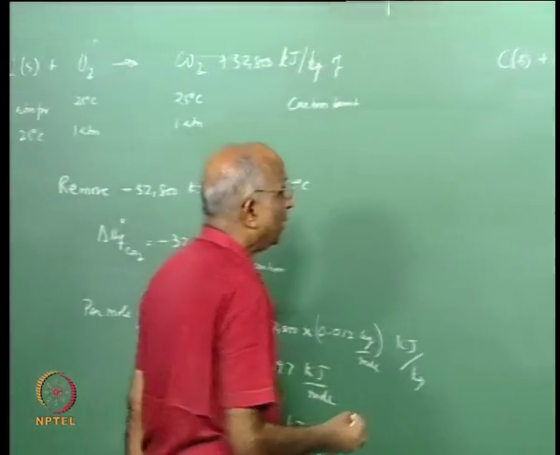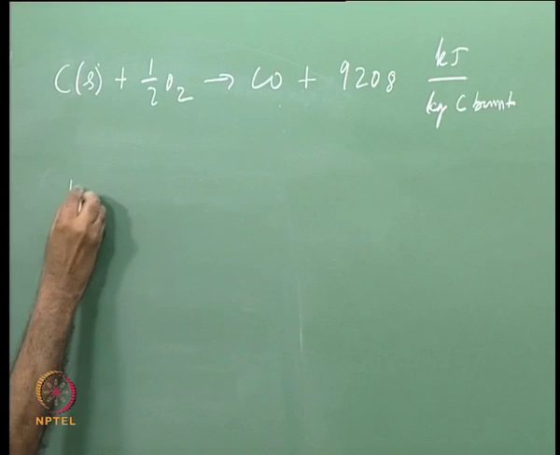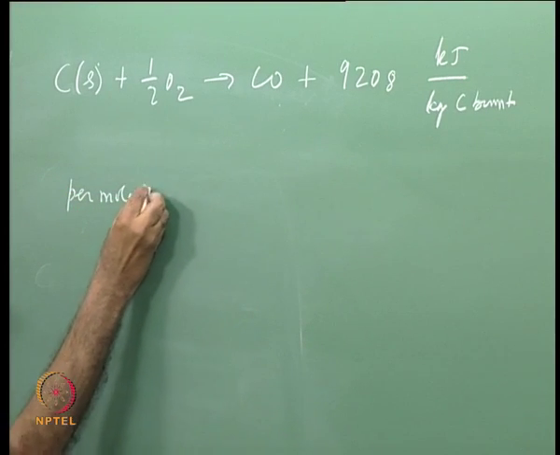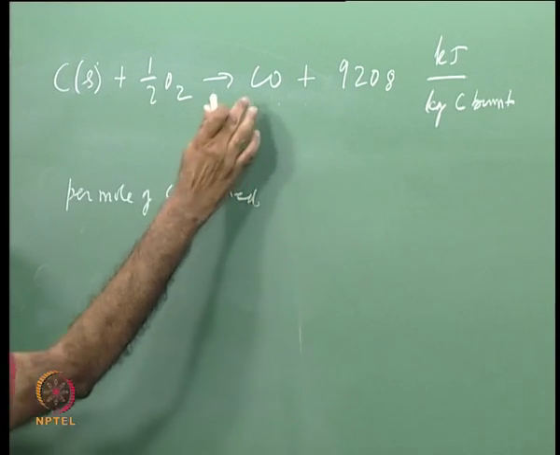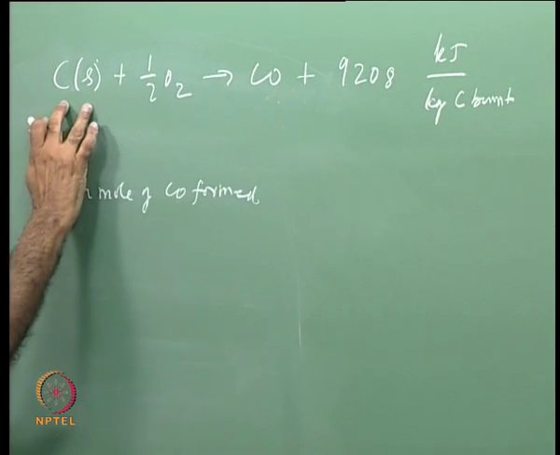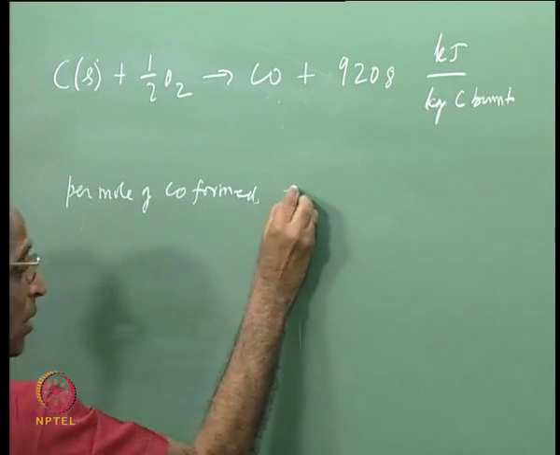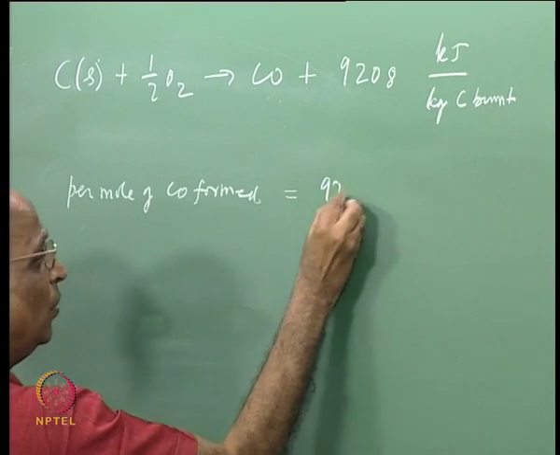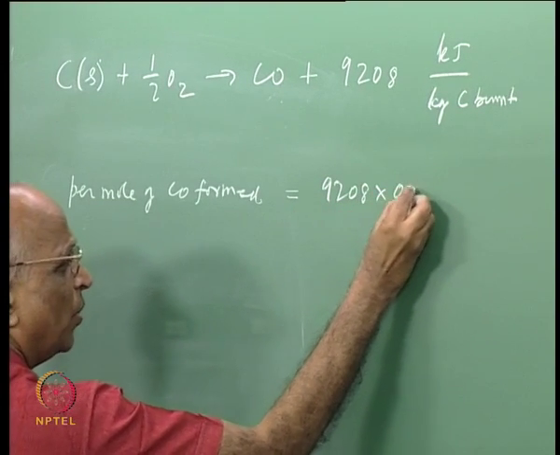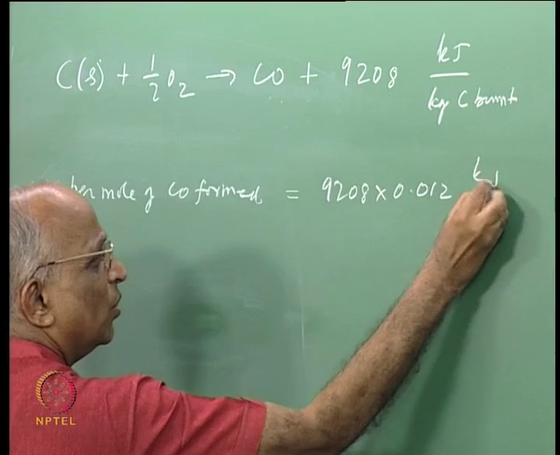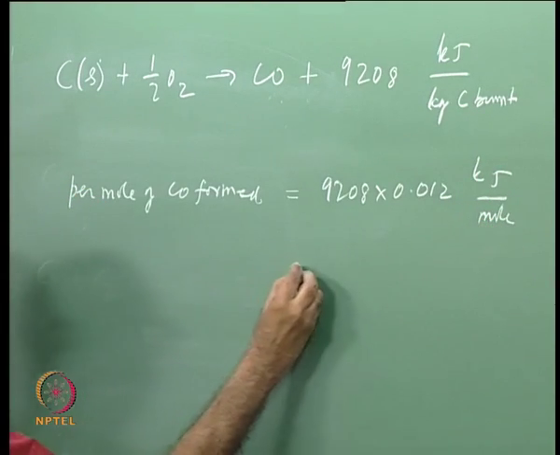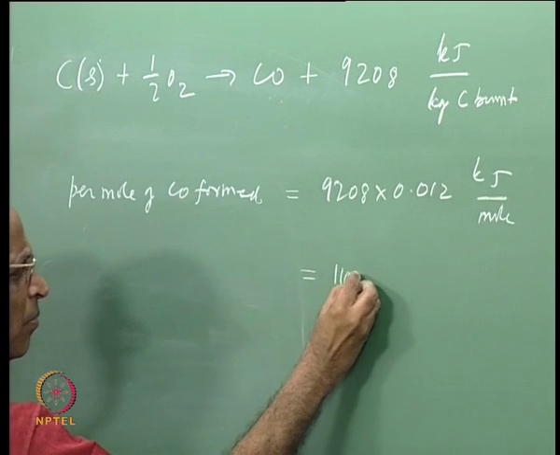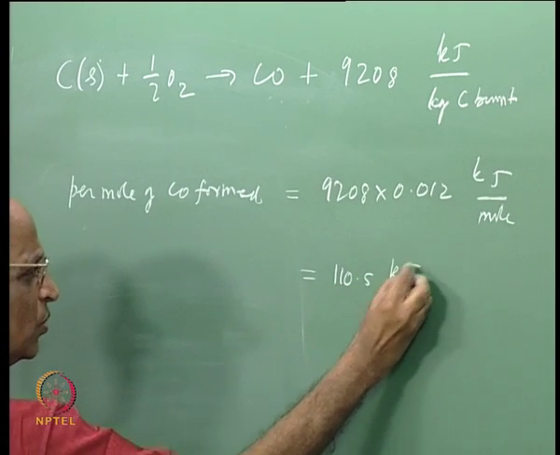Therefore, now I can quickly do it. Per mole of CO formed, to form 1 mole of CO I need to burn 0.012 kilograms of carbon. Therefore, I get 9208 into 0.012 kilojoules per mole of carbon monoxide, and this is equal to something like 110.5 kilojoules per mole.